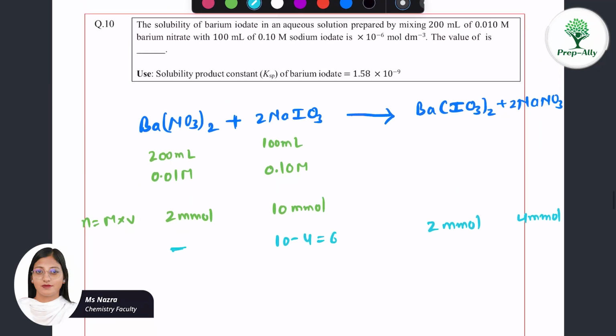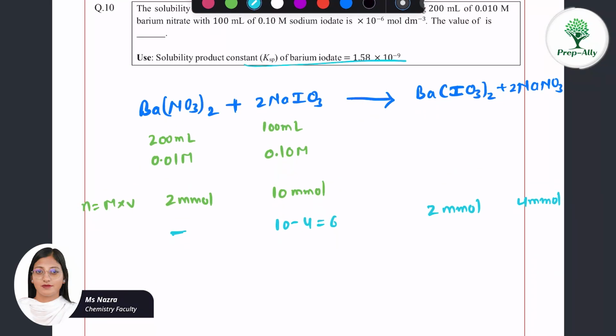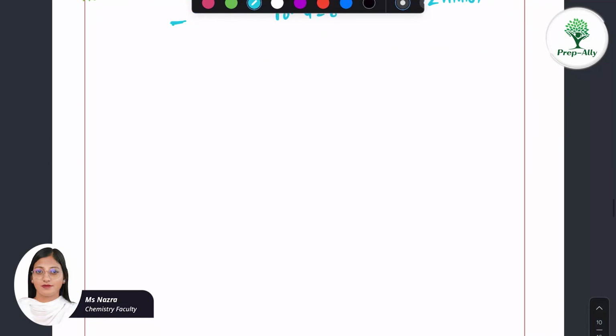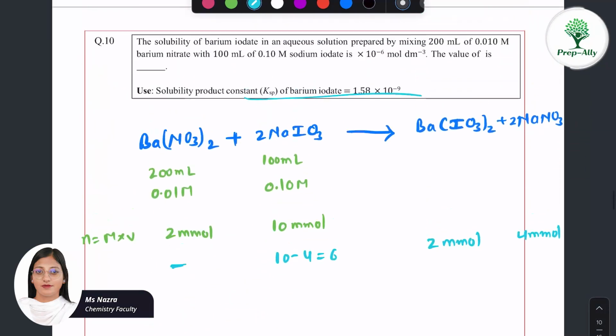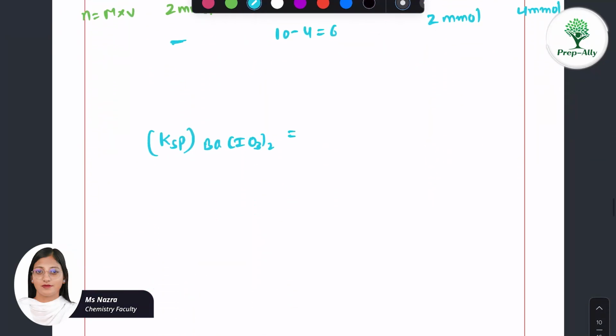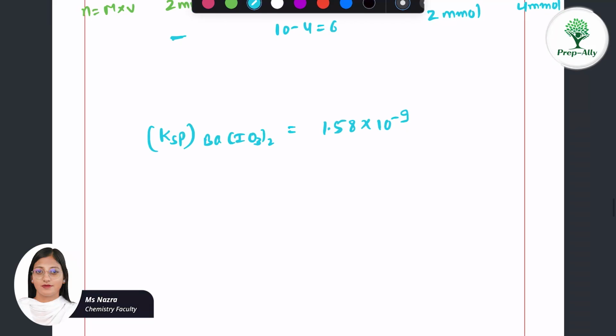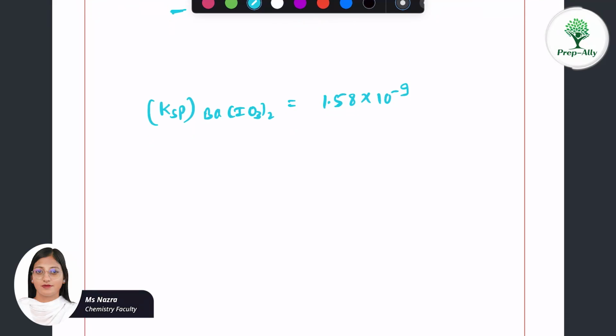The other information given to you is the Ksp of barium iodide, which is 1.58 into 10 to the power minus 9. Now see here, how can I write its Ksp equation over here?